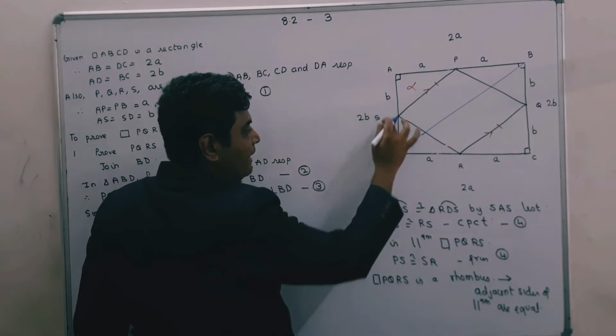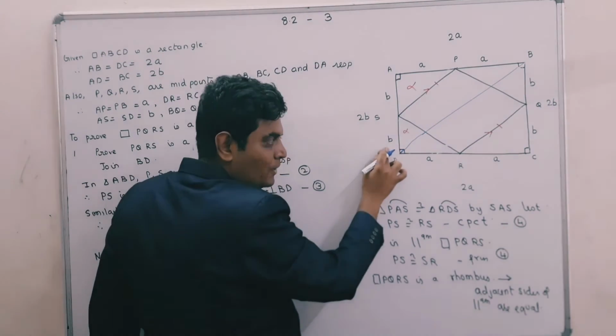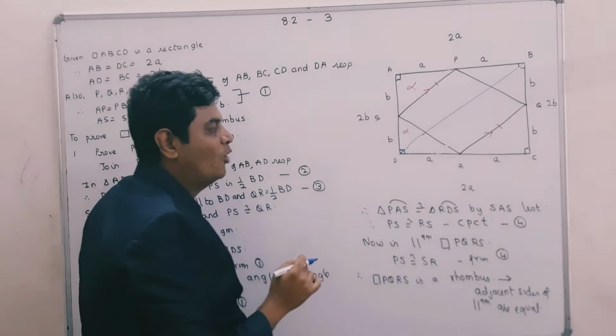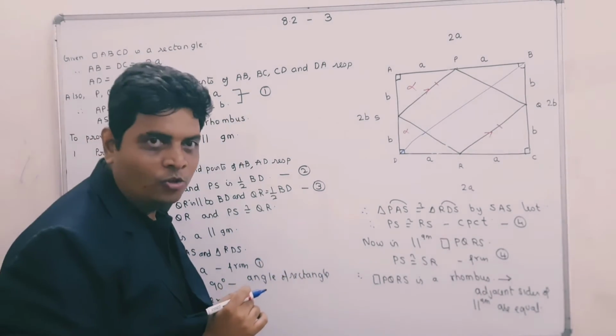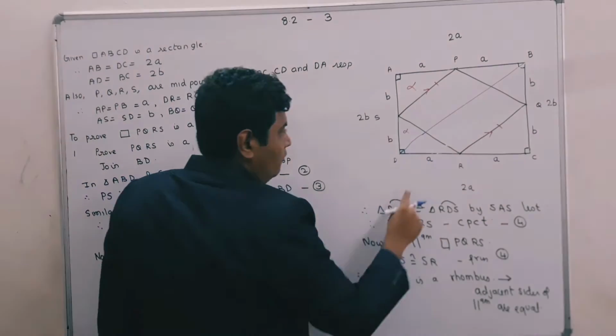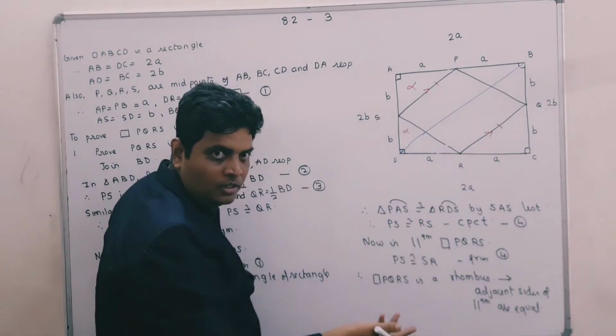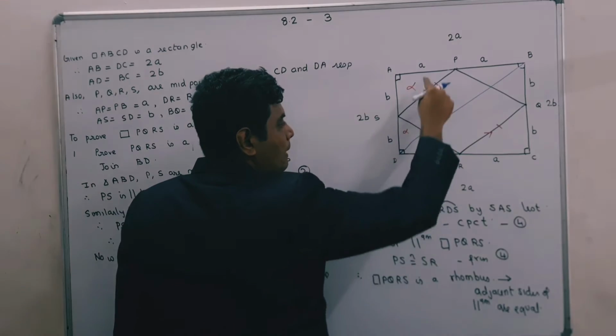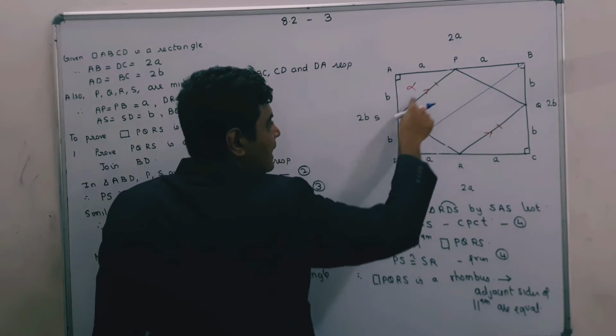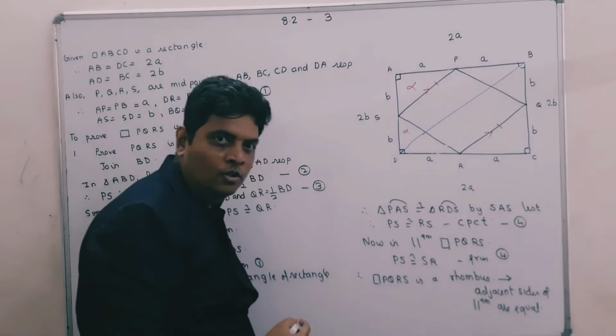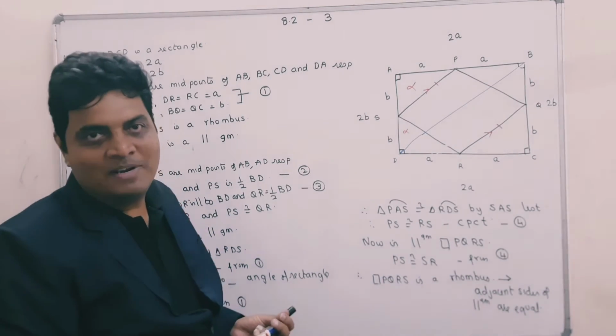Can I say AS is equal to DS is equal to B? Therefore, both the triangles become congruent by SAS test of congruence. Therefore, we can say RS is congruent to PS by CPCT. Now, in this parallelogram PQRS, adjacent sides PS and SR are equal. So, it becomes a rhombus.